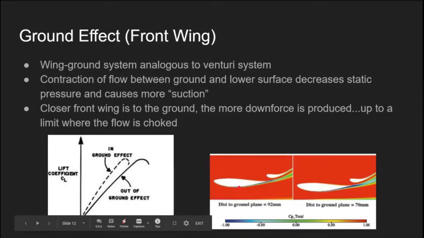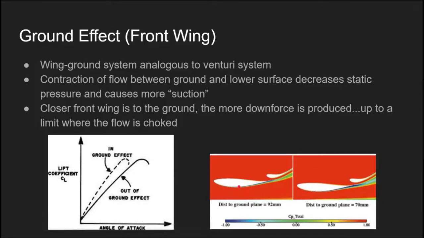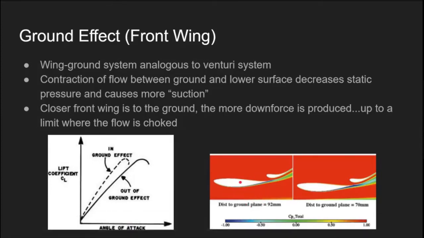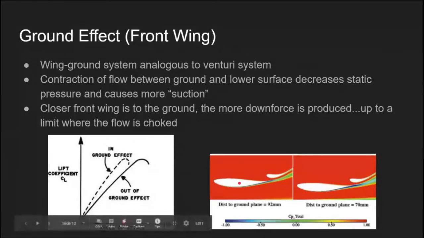So generally, you can produce more downforce from the front wing. I mean, not more. Let's say it's easier to produce downforce with the front wing than it is with the rear wing, just because the front wing operates in this ground effect, and you're getting a little bonus downforce. And the closer the front wing is to the ground, the more downforce you're going to get, right?